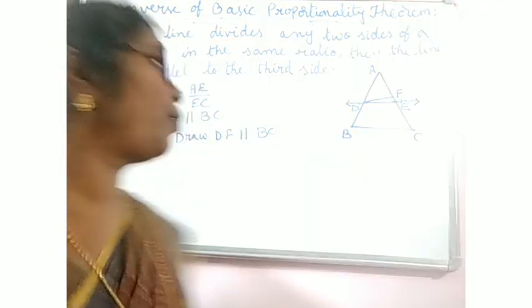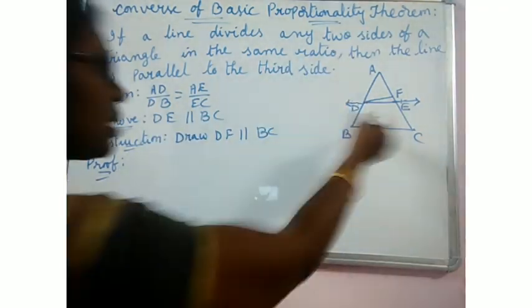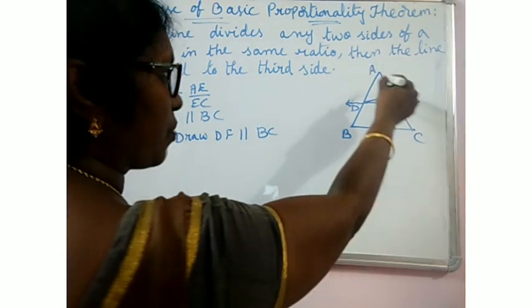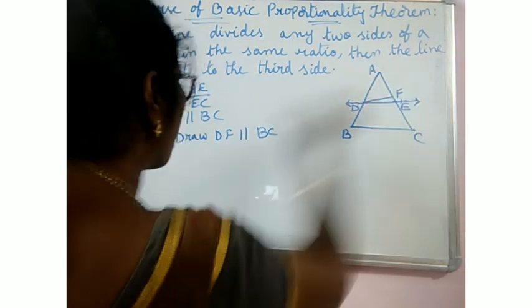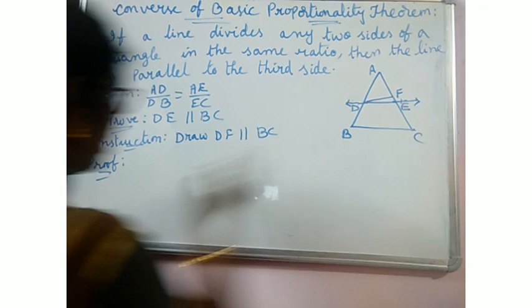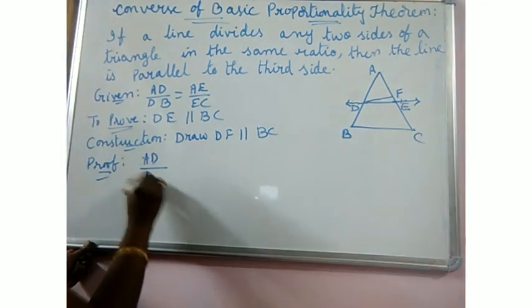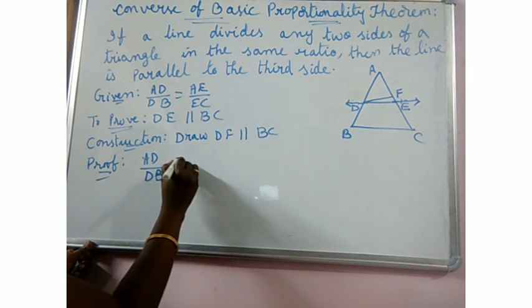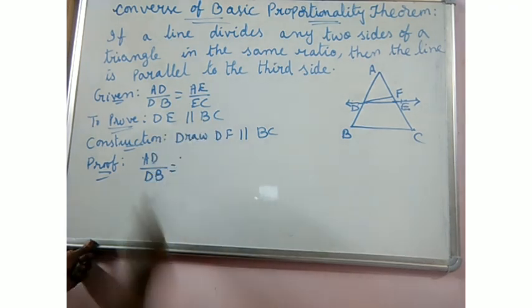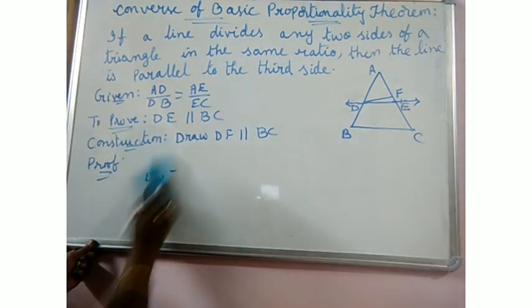In triangle ABC, we have taken DF parallel to BC.